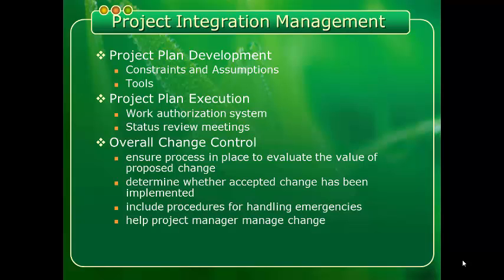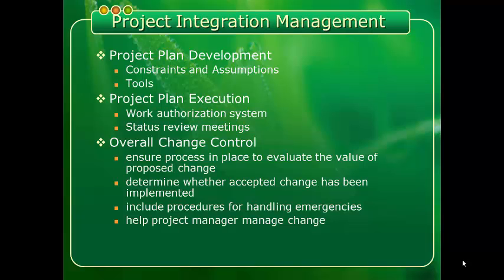Under the third one, we should ensure a process is in place to evaluate the value of proposed change. So we should have an understanding of whether we have a good process or not. I think that this is a part of evaluation.